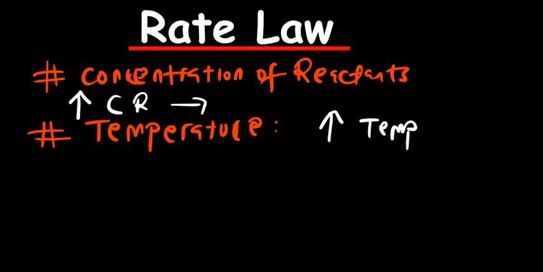How? As the particles gain more kinetic energy due to higher temperatures, you're going to have more collisions, because they are moving at a higher rate. Because of that, you have a lot of collisions between them. So temperature also increases the rate of a reaction.